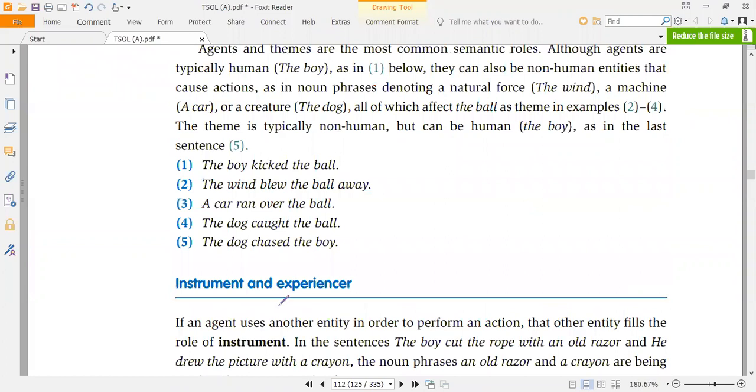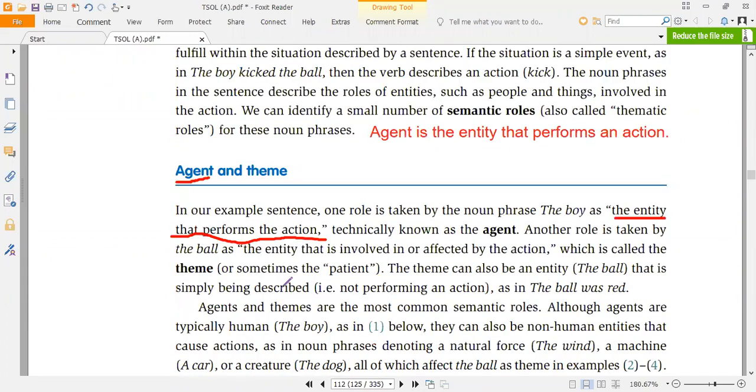Complexity will arrive when we move to experiencer. Theme, this is not the literature theme, right? It's a linguistic theme, you may say. Theme means the entity that is involved in or affected by the action. The entity which is involved in an action or which is affected by an action, right?